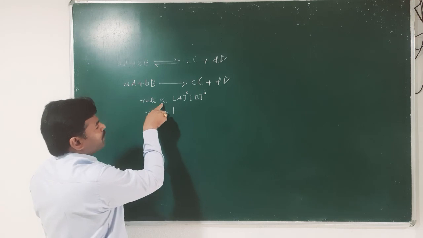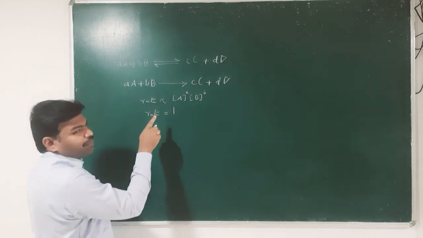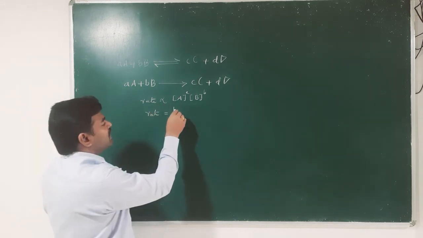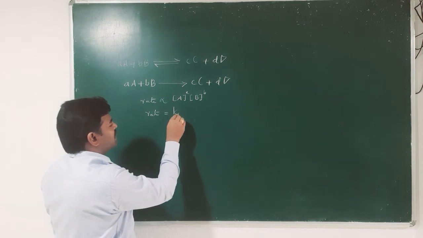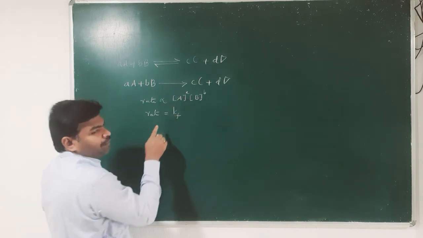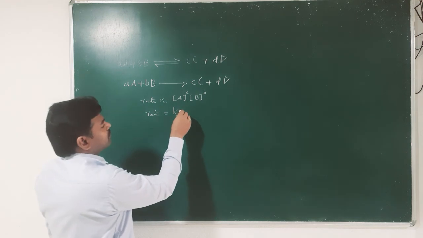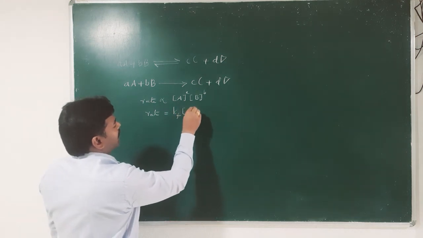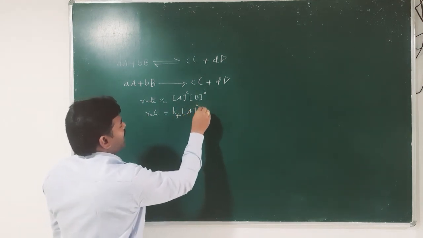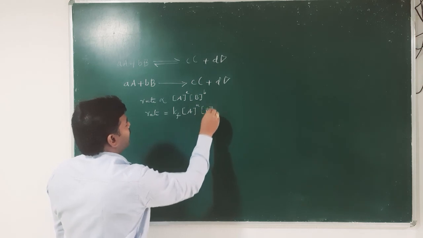When we remove the proportionality, we write the proportionality constant. The proportionality constant for the forward reaction is Kf, so rate = Kf [A]^a [B]^b.